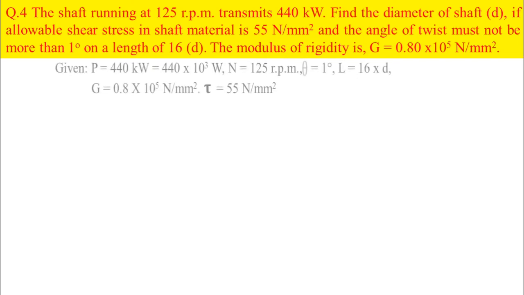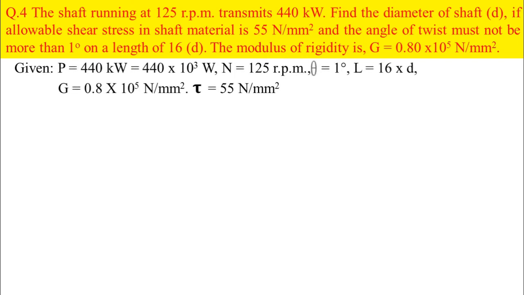We have given power is equal to 440 kilowatt, which can be converted into watt by multiplying by 10 raised to 3. Speed, that is RPM, is given as 125 RPM. The angle of twist theta is given as 1 degree, and the length is given in combination with the diameter, capital L is equal to 16 into small d.